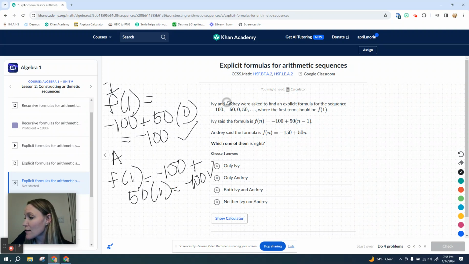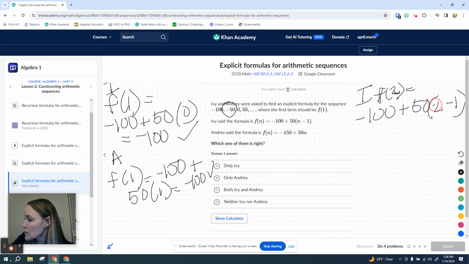So now we have to try the second term. If I plug in 2, then I should be able to get negative 50. Let's try Ivy's first. F of 2 equals negative 100 plus 50 times, now I'm going to plug in 2, so 2 minus 1. Sometimes my writing doesn't come out very well. So 2 minus 1 is 1. 50 times 1 is 50.